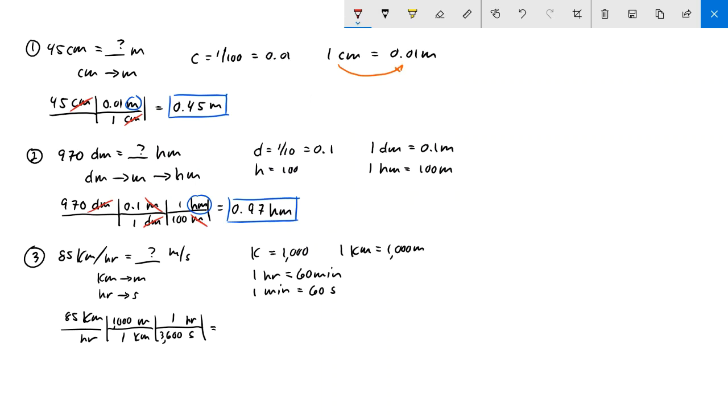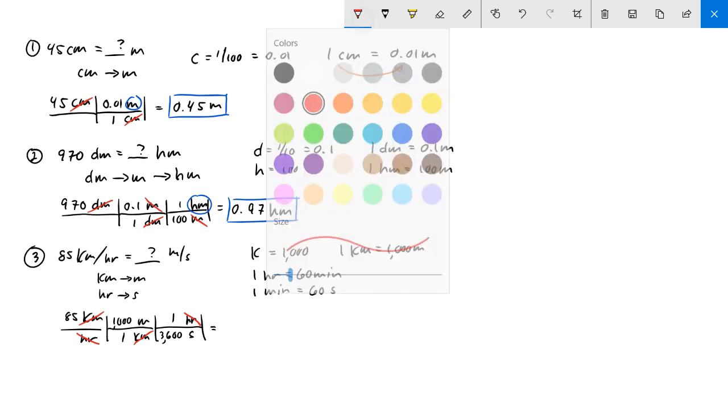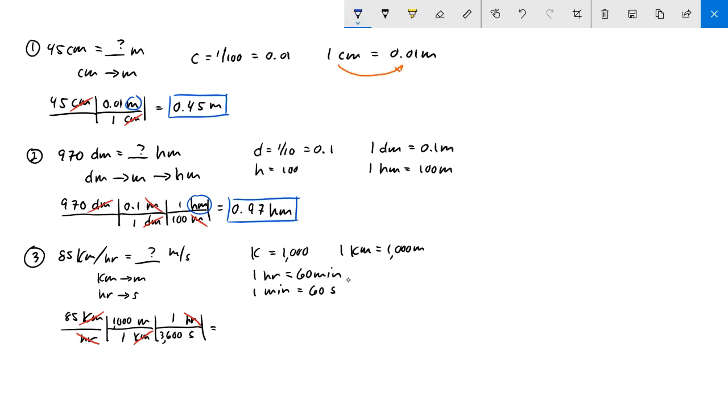So we need to cancel our units. Kilometers cancel here, and this hour cancels this one. We've got meters on the top, seconds on the bottom. That's exactly what we want. We multiply everything on the top, divide by everything on the bottom, we get 23.6 meters per second. Rounding up or using significant figures, this becomes 24 meters per second.